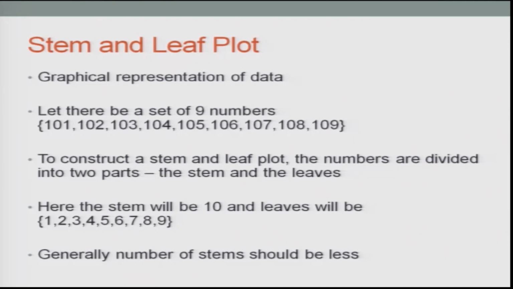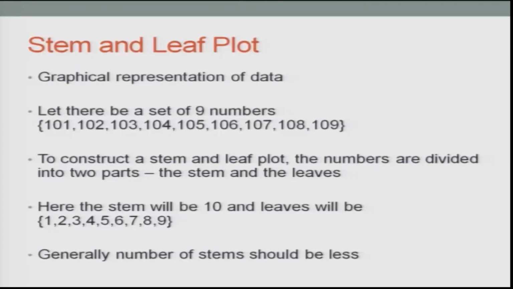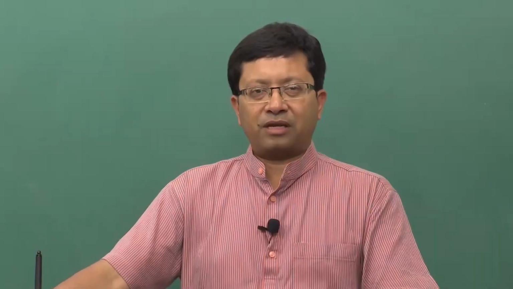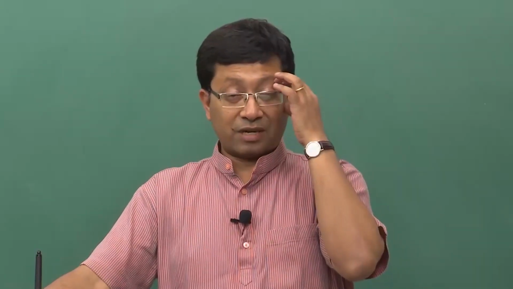Stem and leaf diagrams are a graphical representation of data in numbers. Let there be a set of 9 numbers, starting from 101, 102, 103, 104, 105, 106 and so on. Think of the stem and leaf of a plant or tree: the main branch has different stems and leaves coming out.